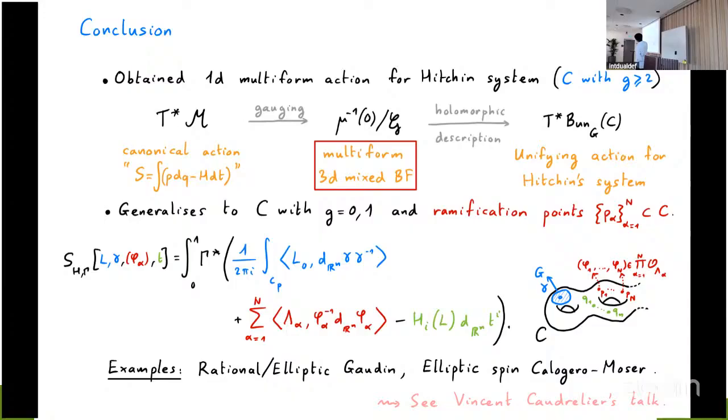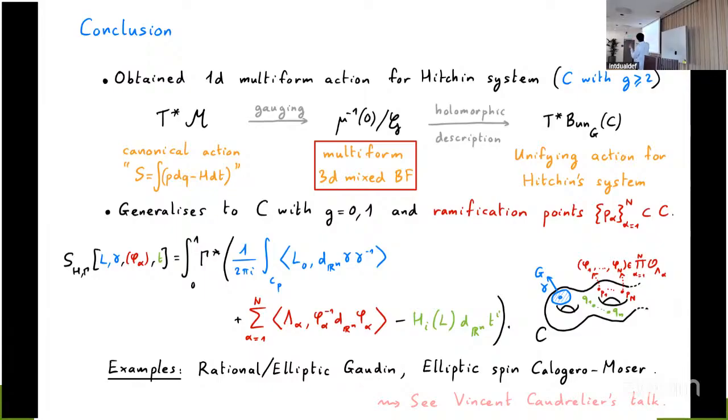The action was really B ∧ ∂̄_A'', which is PdQ minus some Hamiltonian. Then after the gauging procedure, so implementing the symplectic reduction of this phase space by the action of the bundle automorphisms to the level 0 moment map, we ended up with a 3D BF action. Okay, and then this was still described in terms of smooth data. So the Higgs field B is smooth and the connection A'' is also smooth.